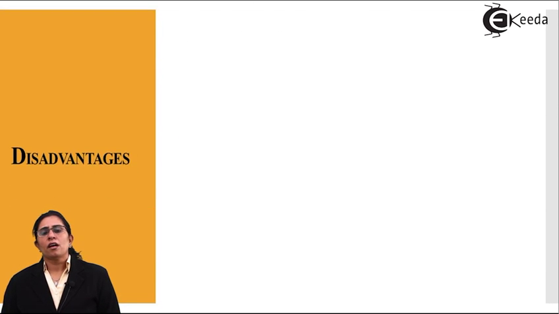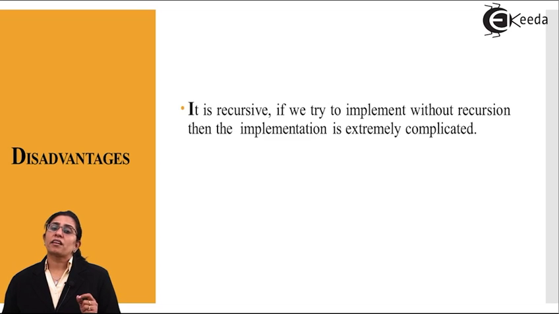Now let's see a few disadvantages, as everything which comes with an advantage has a few disadvantages also. Now what is the disadvantage? It is recursive, as we've observed that quick sort always follows a recursive approach, because every time I need to get a pivot element fixed at its location, I need to partition.